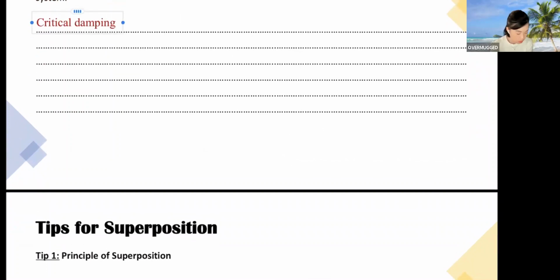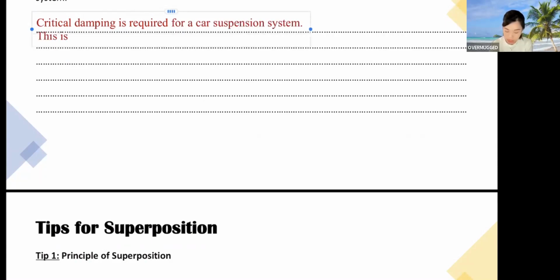Okay, critical damping is required for a car suspension system. And then why is this necessary?